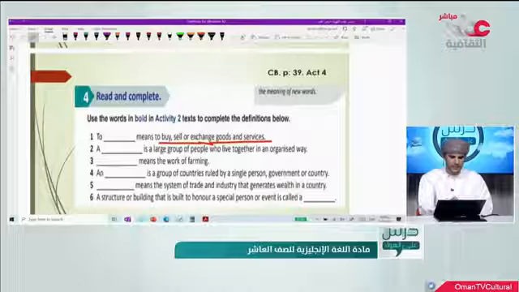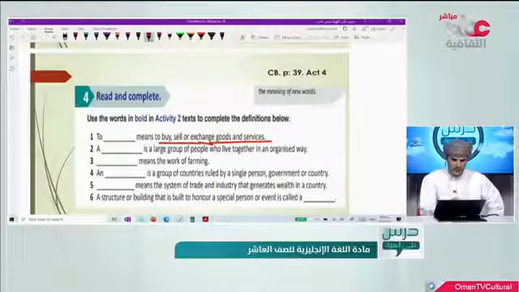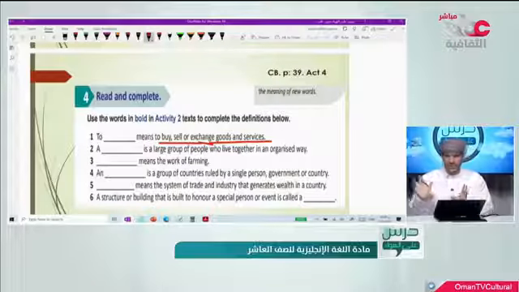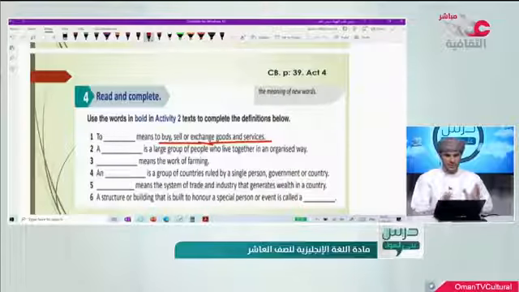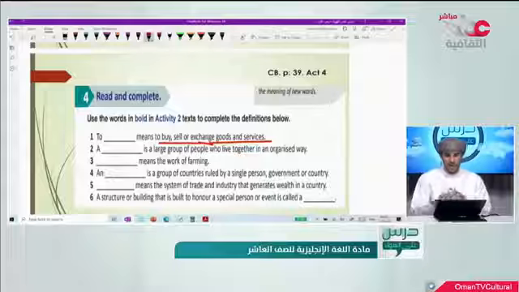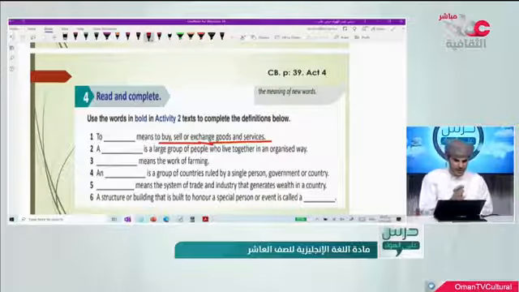To what means to buy, sell, or exchange goods and services. Goods, products, and services. Number 2.